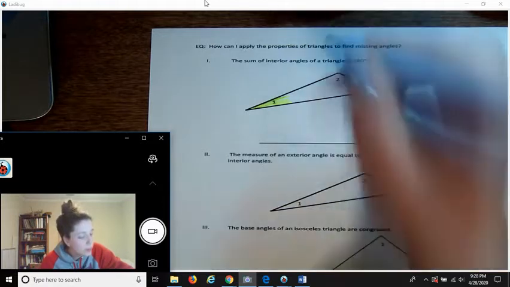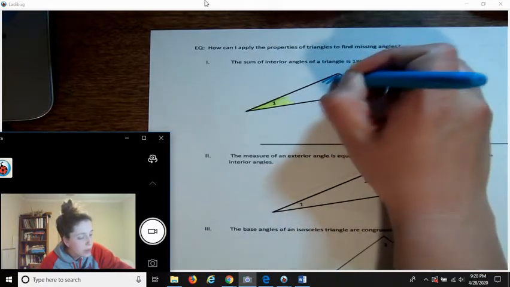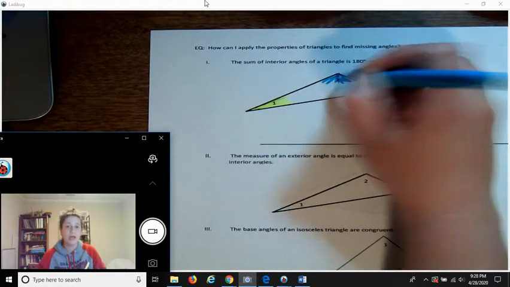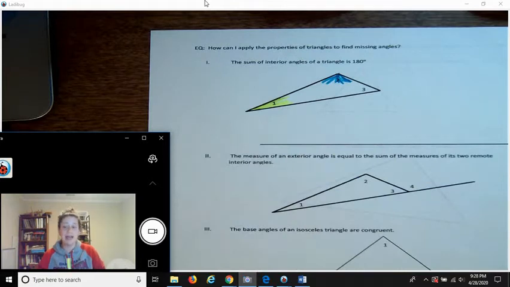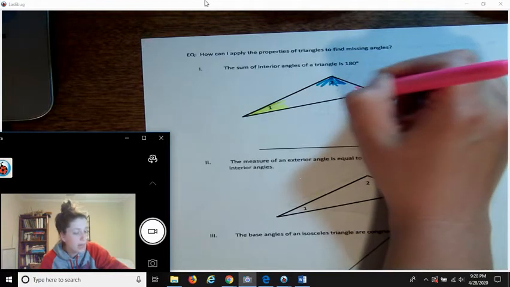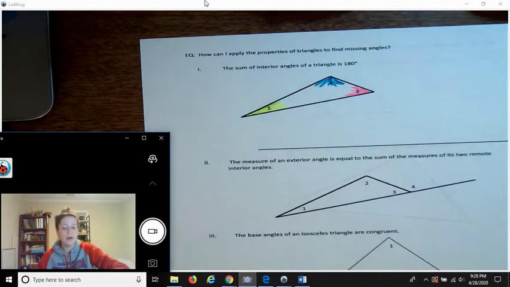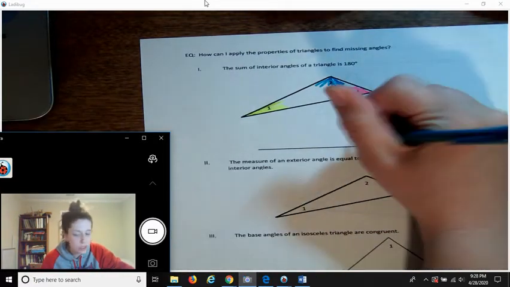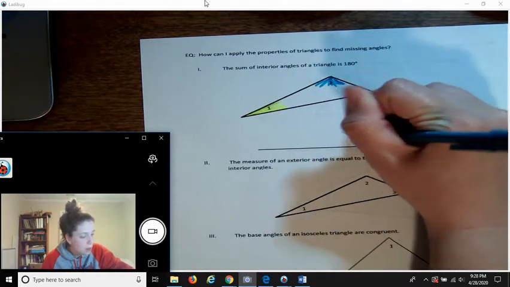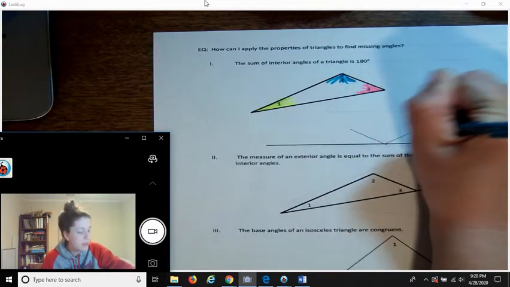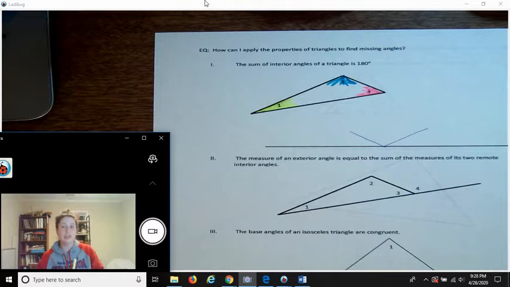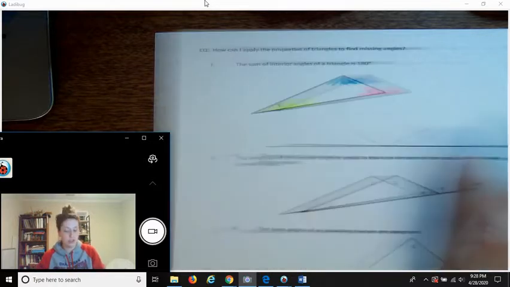What we would have done in class is I would have had you cut out a triangle that looked exactly like this, and color the corners. Then I would have had you arrange them on the line so that the base of them formed a straight line.